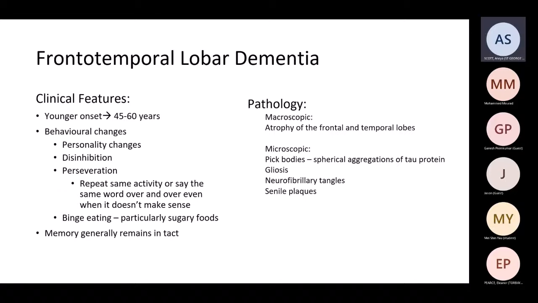And if you were to look a bit closer, you get Pick bodies, which is why it's sometimes called Pick's disease as well. Gliosis, neurofibrillary tangles, and senile plaques. I wouldn't worry too much about that. The main one is Pick bodies. It's called Pick's disease sometimes.